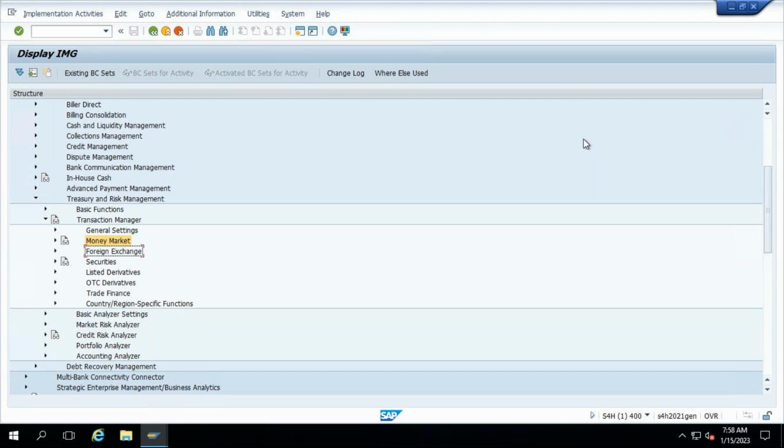It is not only dependent on ACDOCA, and the master data has different tables. When you talk about accountings, they are all saved in BSEG and ACDOCA. But if you want to see reports, like what the deals are, you have to go to different tables altogether, not ACDOCA.